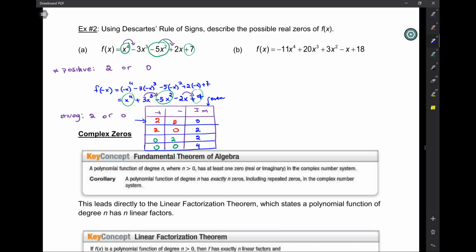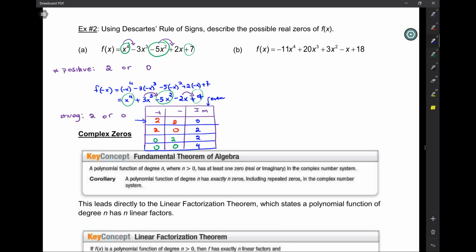Or, right? So, by looking at this, can I have 3 positive solutions? No. Can I have 4 negative solutions? No. Right? That's what it tells you. The numbers in this column are always going to be even, because it's the number of imaginary solutions. Imaginary solutions always come in pairs.